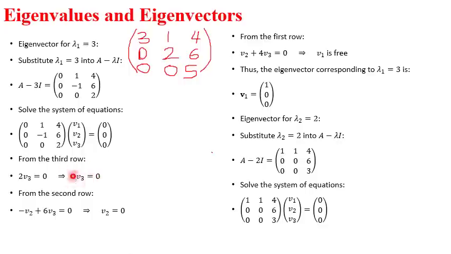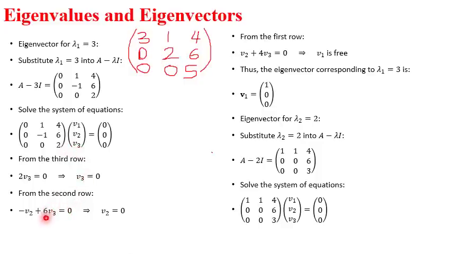Now if we have a value for v3, then we can solve for v2 using the second row. From the second row we have this multiplied by this, and this multiplied by this. Of course, this multiplied by this gives you 0. Then minus 1 times v2 gives us minus v2 plus 6v3 equals 0.